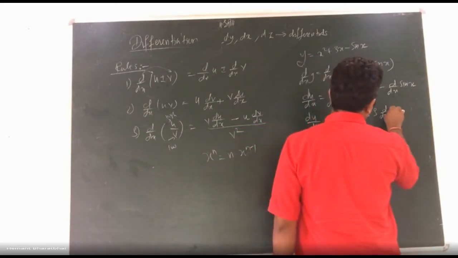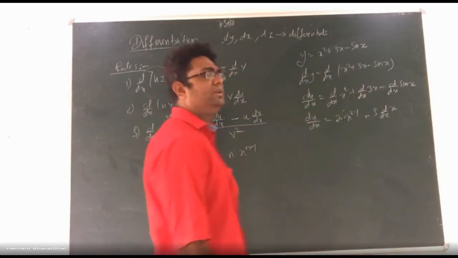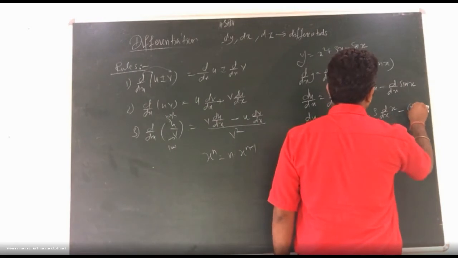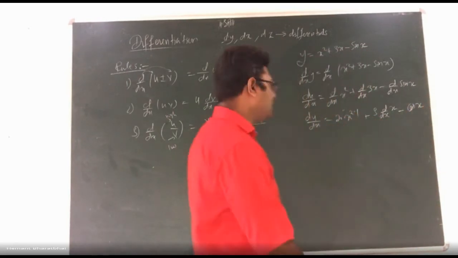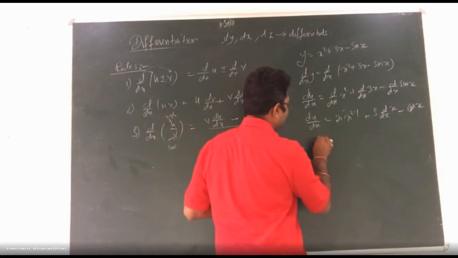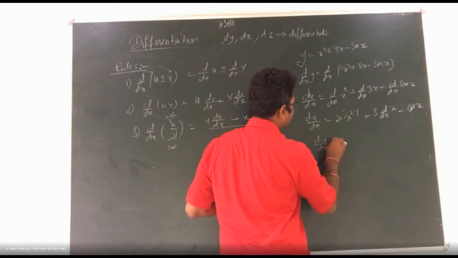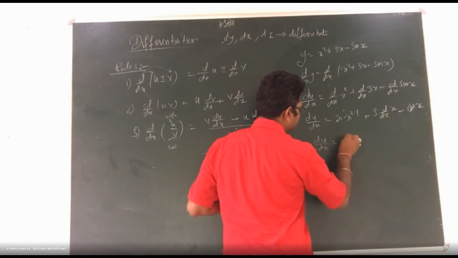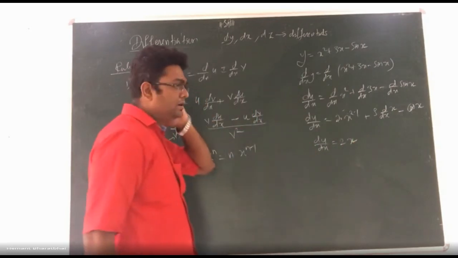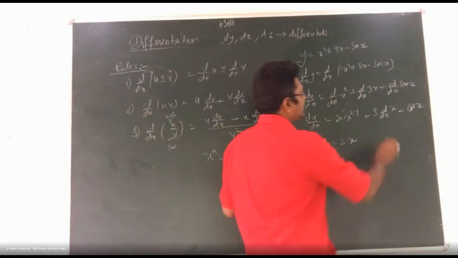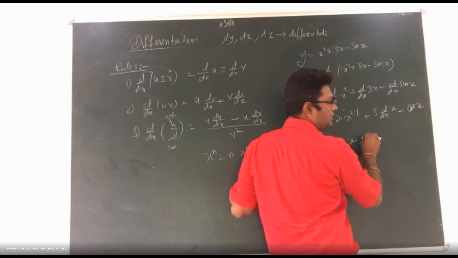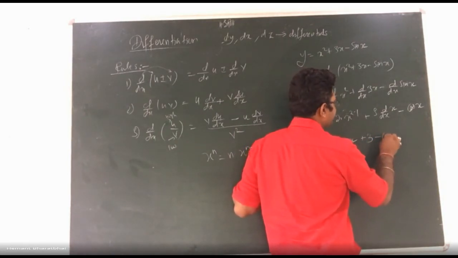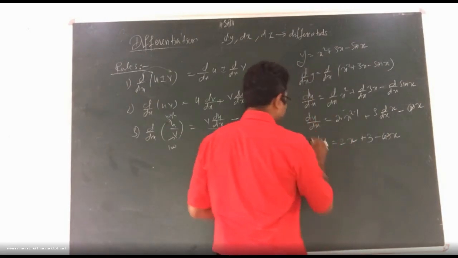So this will become 3 into d/dx of x, minus the derivative of sin x, we know it as cos x. So I'll get dy/dx is equal to 2 into x raised to 2 minus 1, that is x raised to 1, so that can be written as just 2x, plus this dx gets cancelled, so I'll get 1, 3 into 1 is 3, so 2x plus 3 minus cos x.